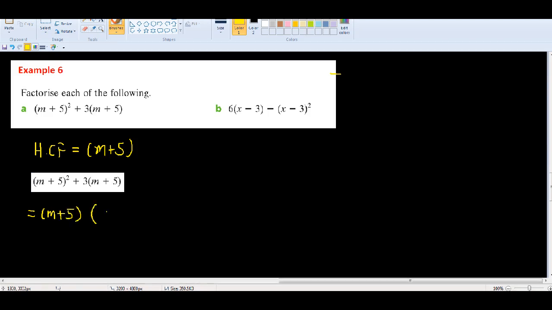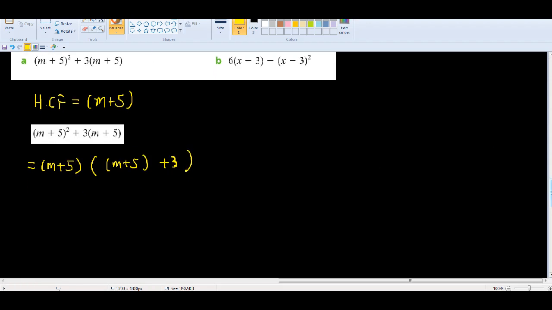And what happens inside the bracket? So m plus 5 squared divided by m plus 5 just becomes another m plus 5, plus 3, right? Does it look right to you? Yes, but it would be better if we change it, because if there are more than one pair of brackets, then you need to change the outer bracket into a square bracket.